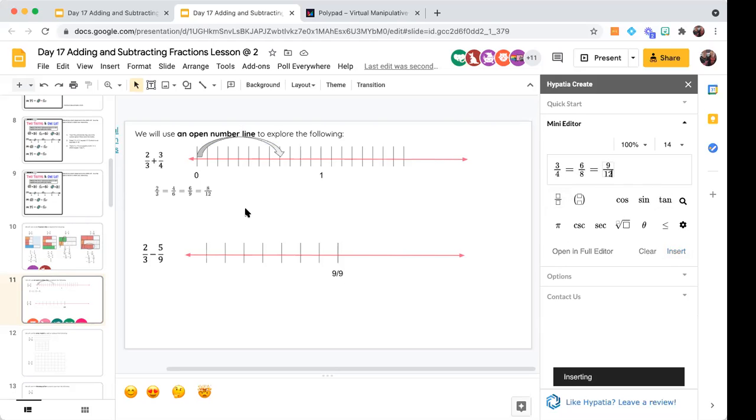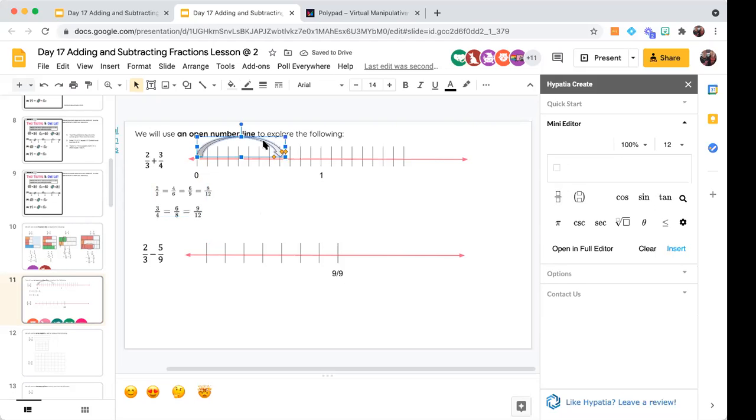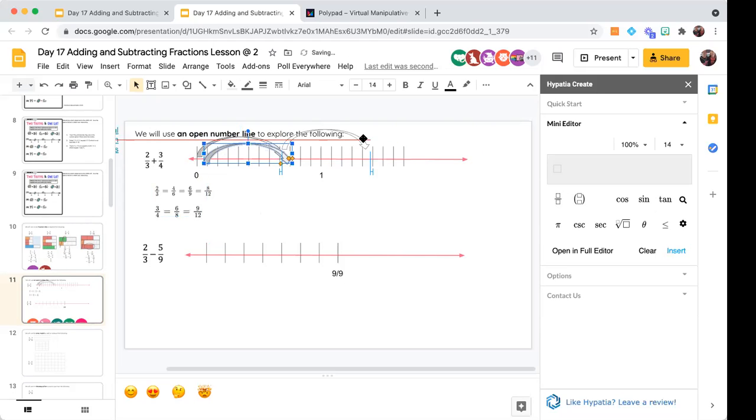This also tells me that most likely, since 2/3 and 3/4 are both pretty close to 1, this number most likely is going to go over 1. So from 8/12, I'm going to add on 9/12 more. So let's see here. 1, 2, 3, 4, 5, 6, 7, 8, 9/12 more.